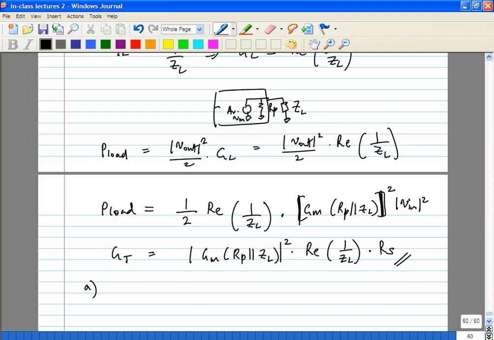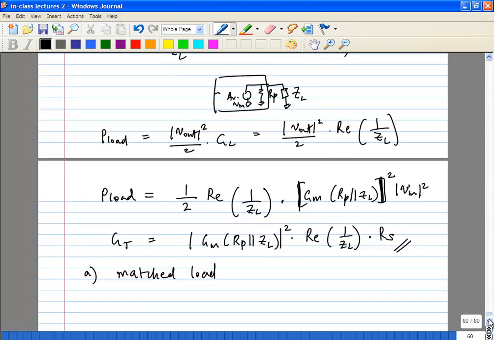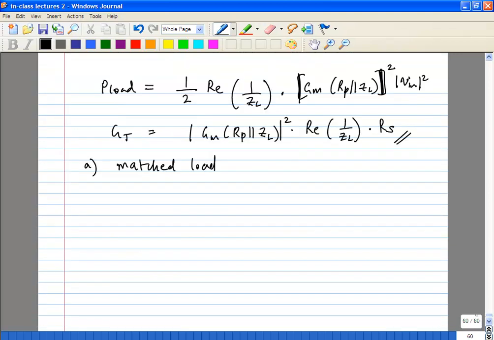Okay, so let's consider 2 cases. One case is, let's say the LNA is driving some output, like a filter or something, some kind of off chip case, in which case your output is matched. So our ZL is just RP, right? ZL is equal to RP.